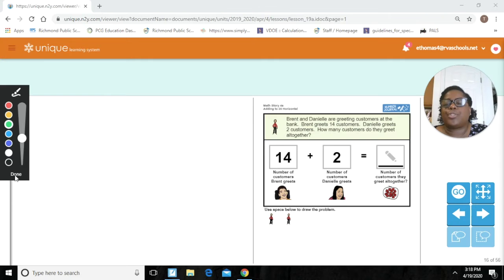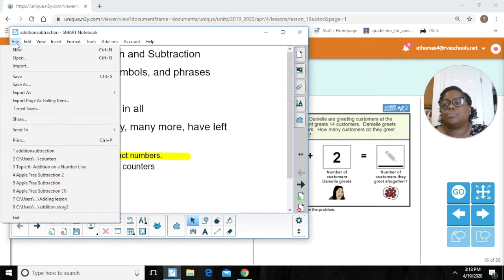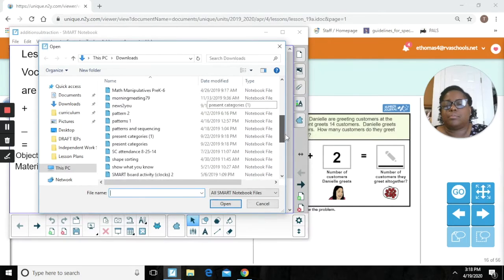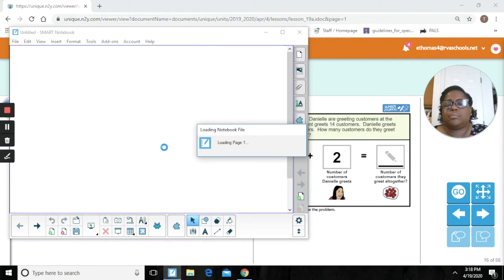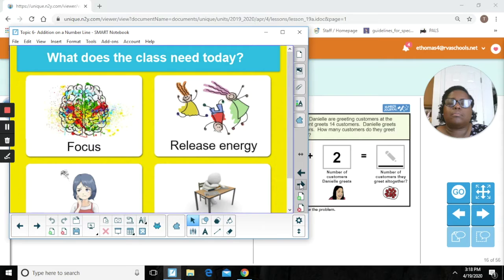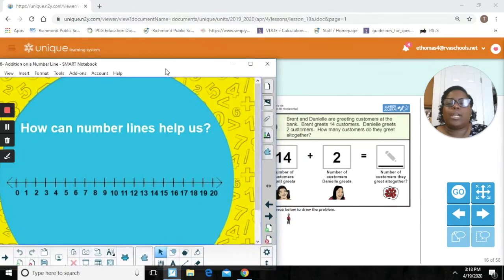I'm going to show you how to do this problem using 2 methods. The first method that we're going to use is called the number line. Okay. We have our number line.